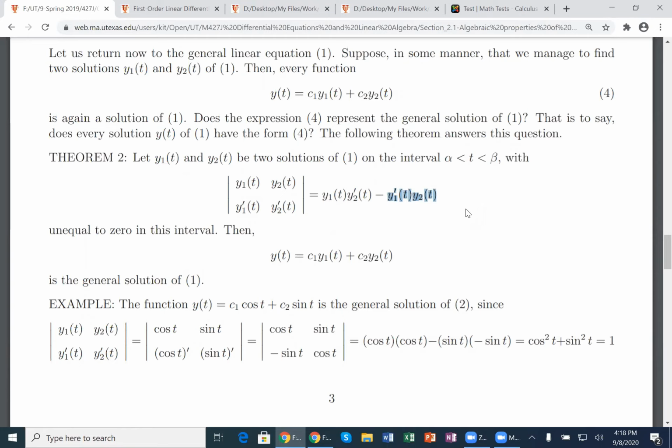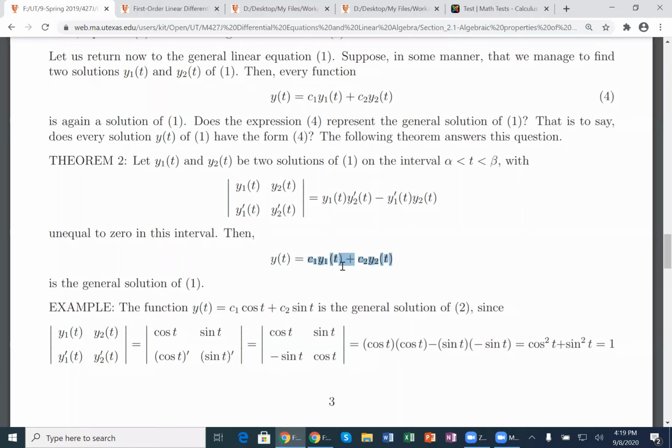Theorem 2 says that if after all simplifications this is not equal to 0, then indeed C1y1 plus C2y2 is the general solution. However, if this is equal to 0, what is written here is not the general solution.